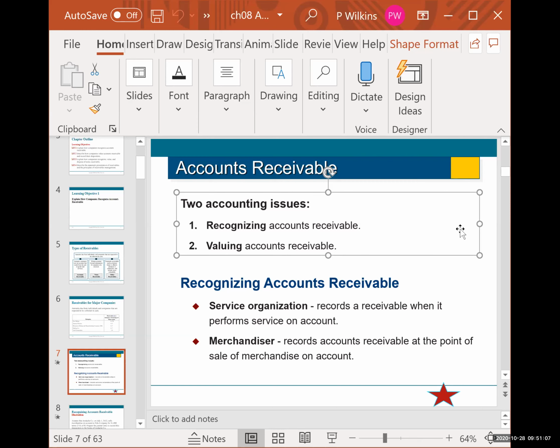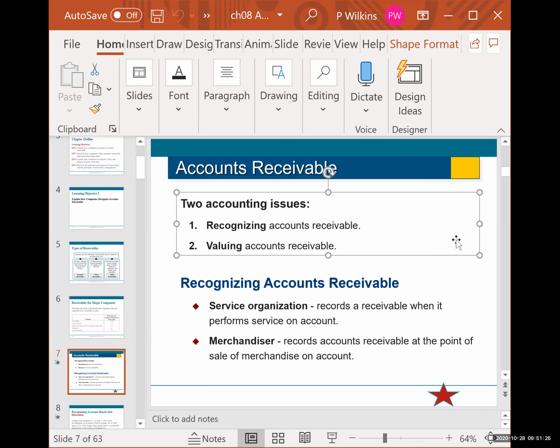Now, in the service organization, remember, you debited accounts receivable, you credited service revenue. In the merchandising company, you debited accounts receivable, you credited sales revenue, and then you debited cost of goods sold and you credited inventory. Remember that?